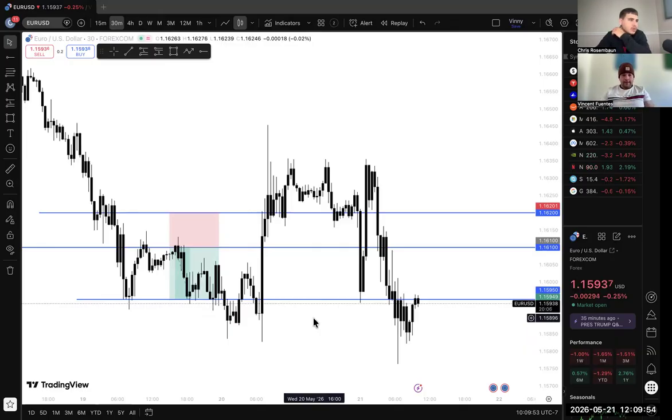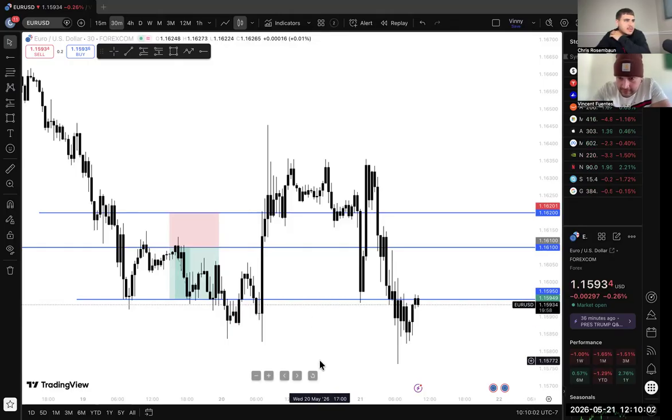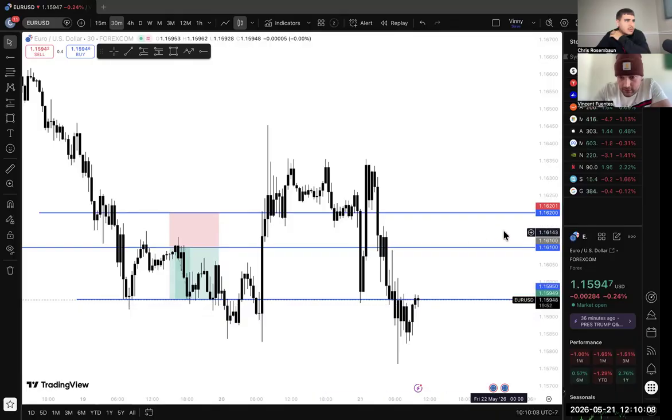Also, look, if you put a line right here at 1.6350.